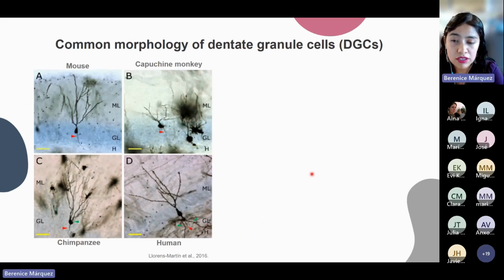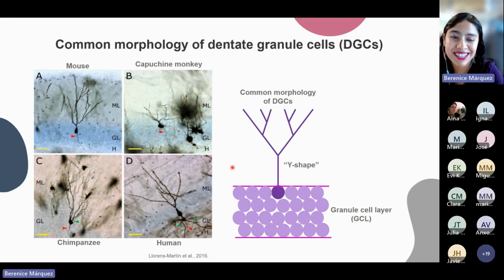Using Golgi-Cox staining, we can observe the morphology of dentate granule cells of different species. The common morphology of dentate granule cells is composed by one primary apical dendrite that ramifies until form a dense dendritic tree.